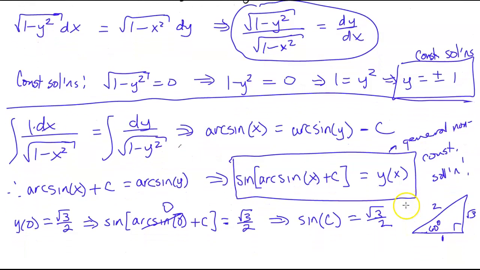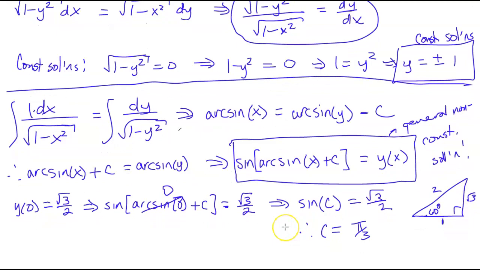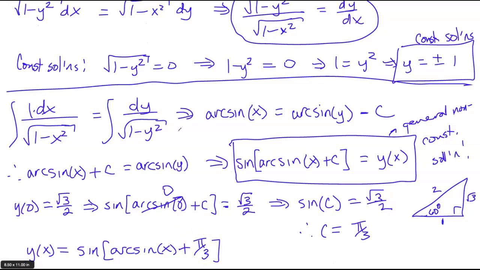And since we're doing this in terms of radians, this would let me know that c is going to be pi over 3. Okay. And so because of that, my final answer would just end up being y of x is sine of arcsine of x plus pi over 3. And that would be my final answer for that.